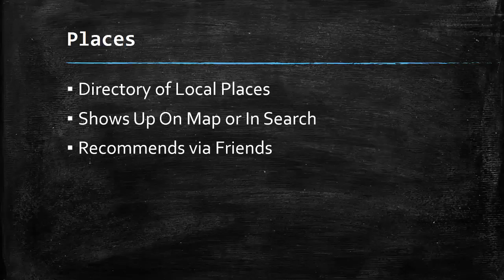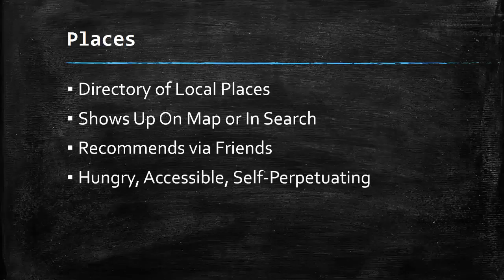This audience is very social proof driven. So, they're a hungry, accessible, self-perpetuating audience that promotes businesses to each other. So having a presence, having a Facebook page, and inside of the guide, I talk about having the optimized page and all the other components that you need in order to access this audience.